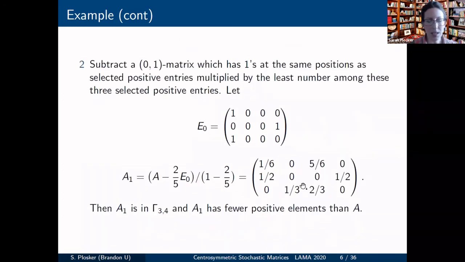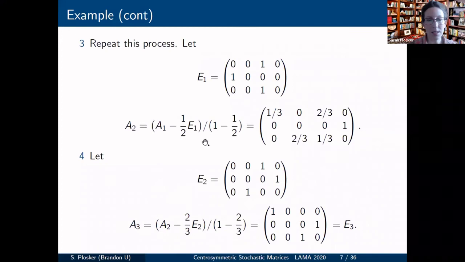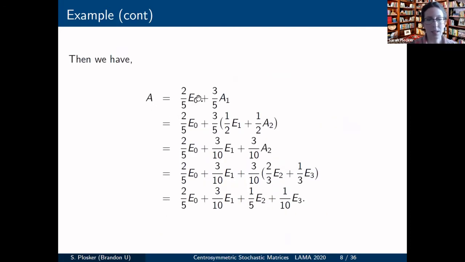Then I can just take these equations and rearrange. I can solve for A in terms of A1 and E0, solve for A1 in terms of A2 and E1, and solve for A2 in terms of A3 and E2. So I can write A in terms of E0 and A1, then replace A1 with this combination of E1 and A2, and so on.